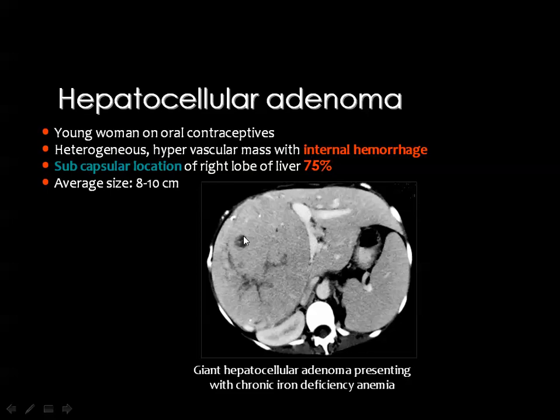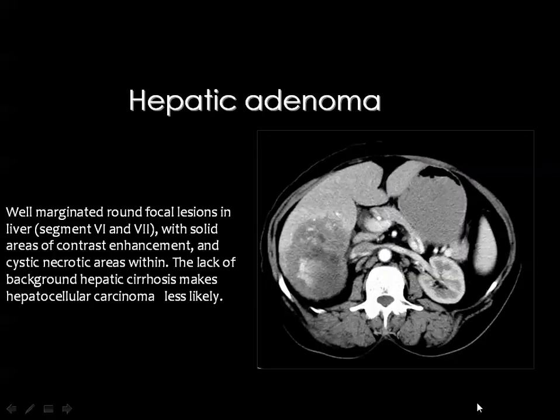This tumor is large in the subcapsular area of the right hepatic lobe in most of the cases, and it may reach about 10 centimeter in diameter, with a particular finding being the presence of internal hemorrhage because of the hypervascularity.